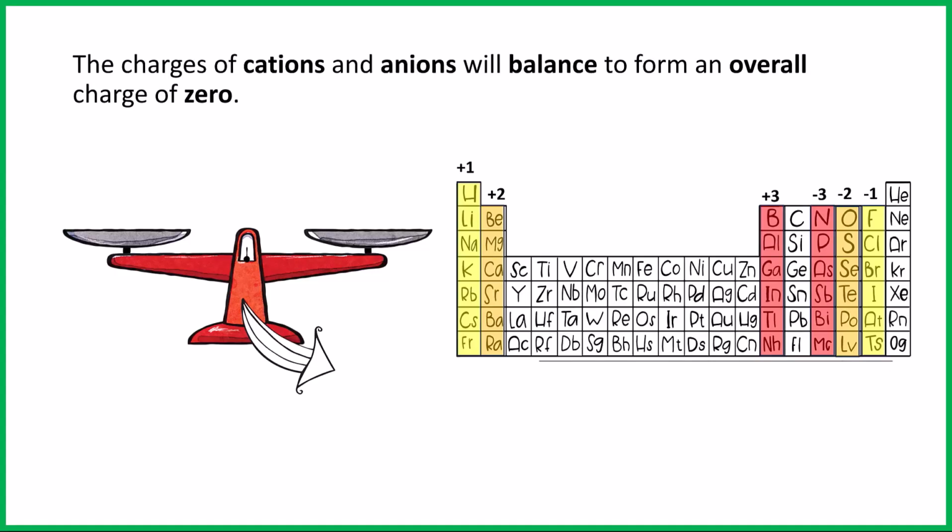The charges of cations and anions will balance to form an overall charge of 0 in an ionic bond. So let's practice. How would beryllium and chlorine combine? Beryllium is right here in a +2 category, 2 valence electrons.